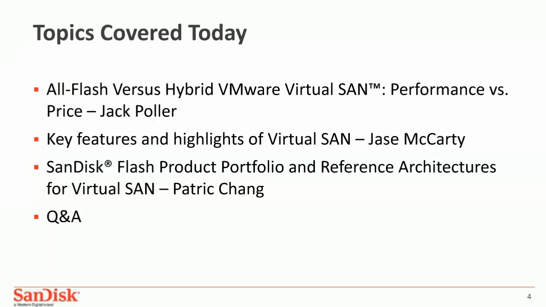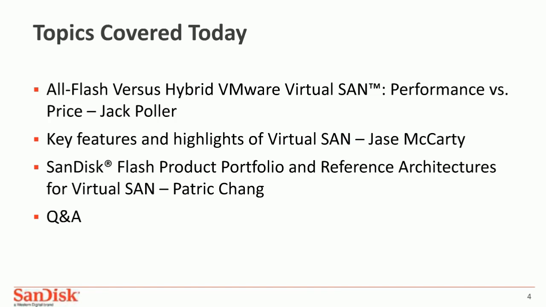Firstly with Jack Poller from ESG. Jack will be talking about a project that ESG was engaged in, comparing an all-flash versus a hybrid VMware Virtual SAN from a performance point of view as well as a price performance point of view. We know that flash devices are more expensive on a per gigabyte basis compared to hard disk.